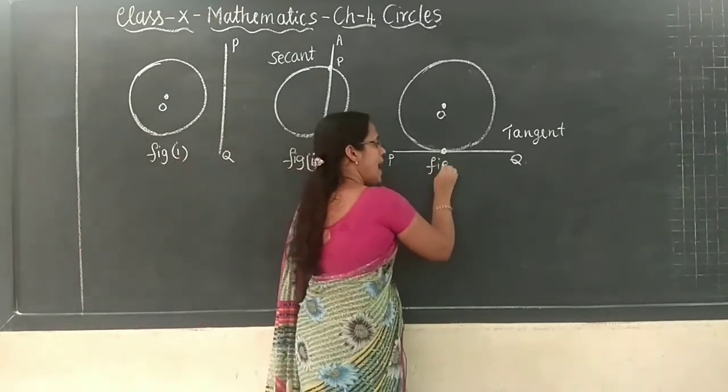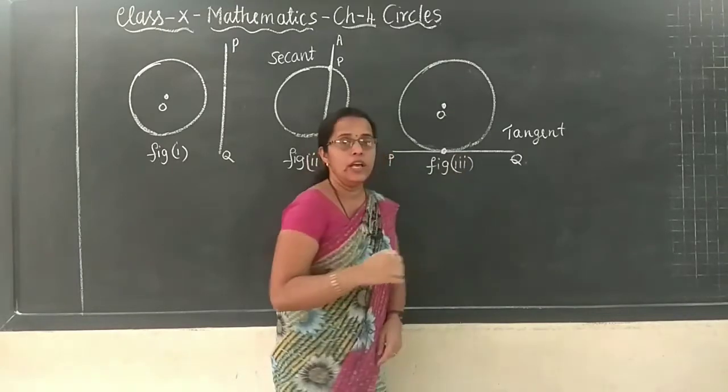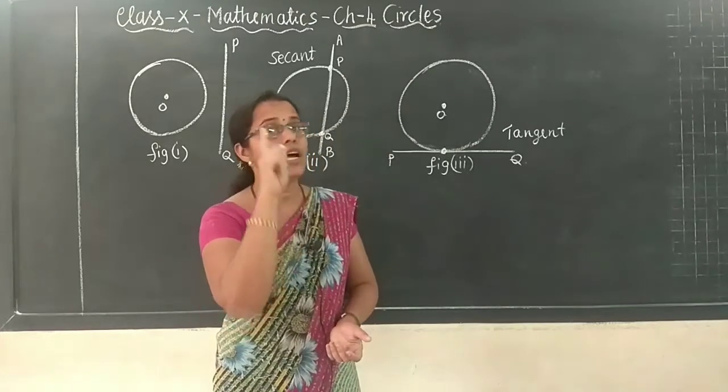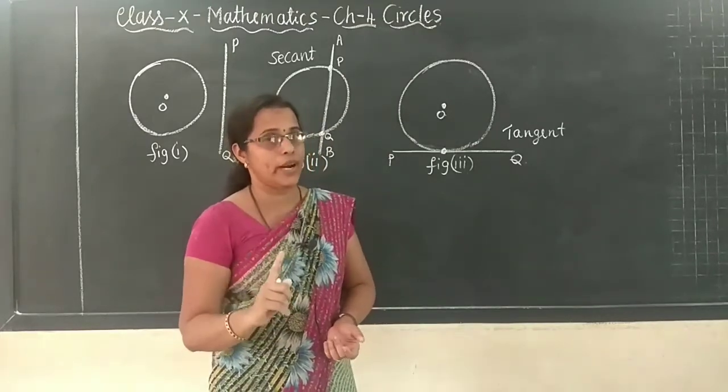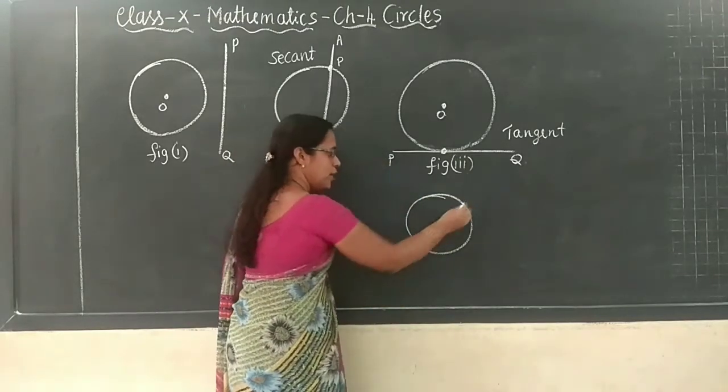So how many tangents or secants can be drawn to a circle? An infinite number of tangents can be drawn, but each should touch the circle at only 1 point. If this is a circle, you can draw like this.